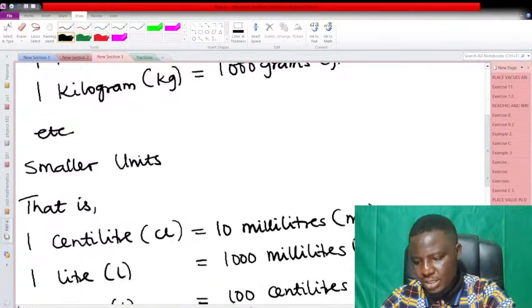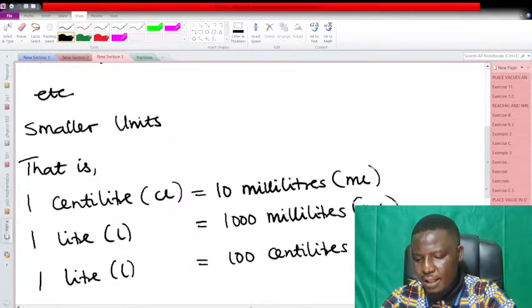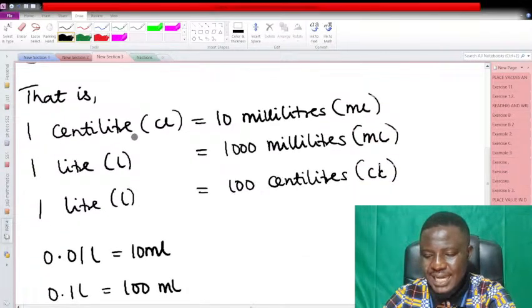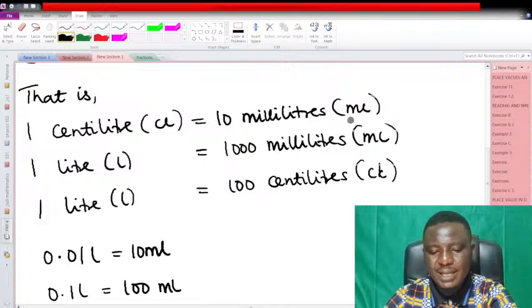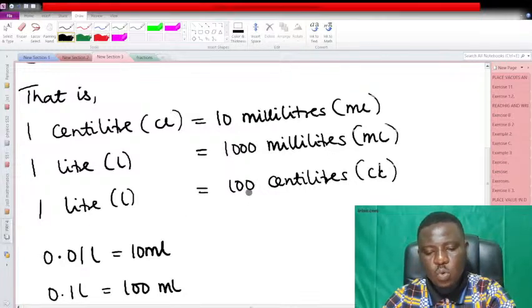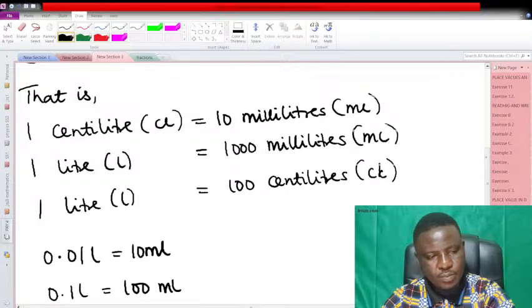milligrams and the rest. For the smaller units, we have 1 centiliter equal to 10 milliliters, and 1 liter is equal to 1,000 milliliters, and 1 liter is equal to 100 centiliters.